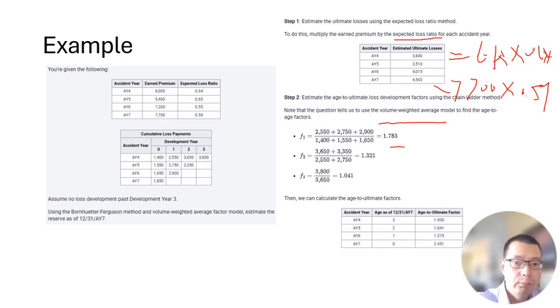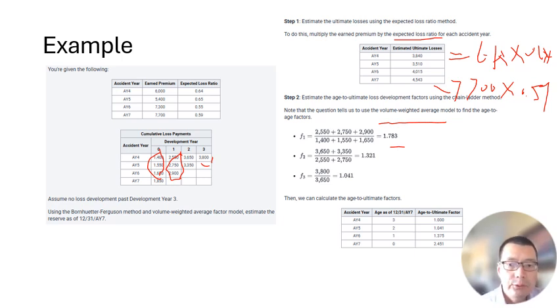So factor 1 would be these three numbers divided by these three numbers. Similarly, you can calculate factor 2 and factor 3. Of course, for the last factor, you only have one row to estimate, so you get 1.041.